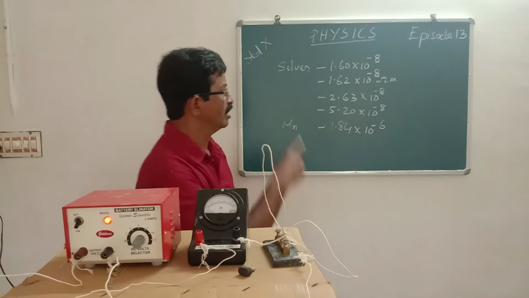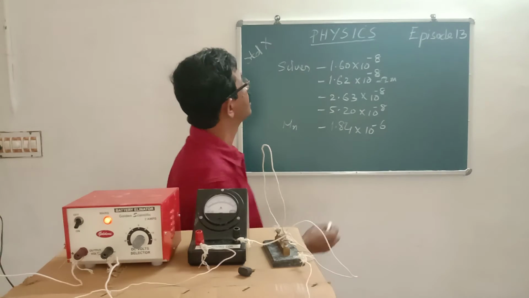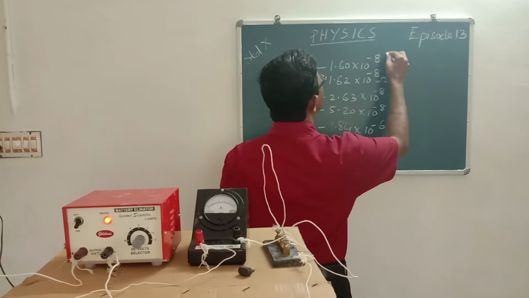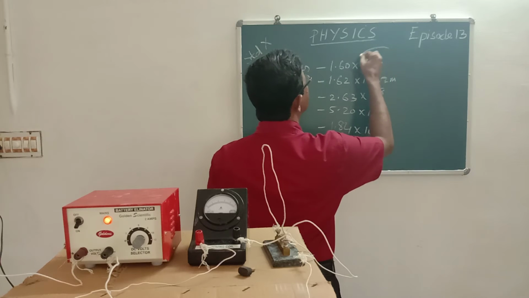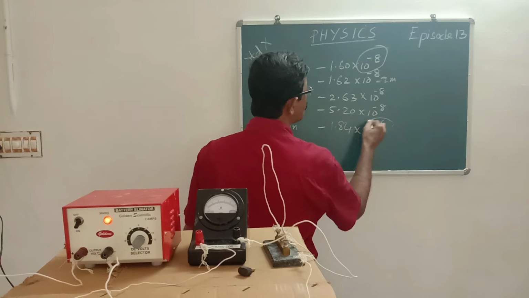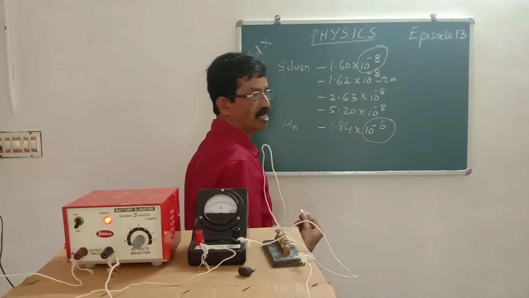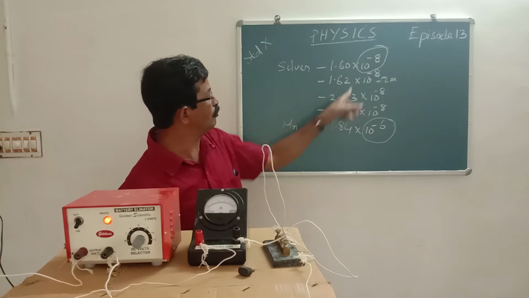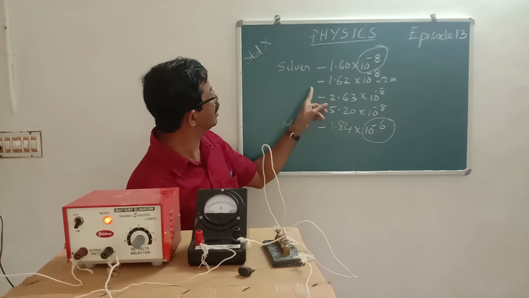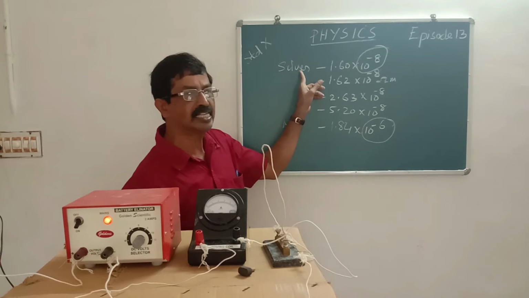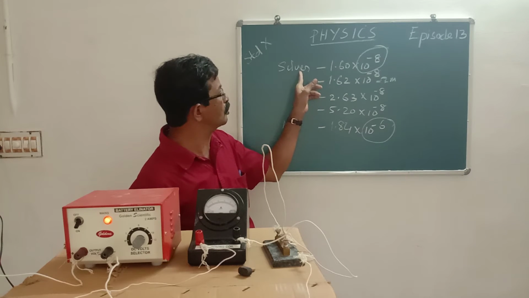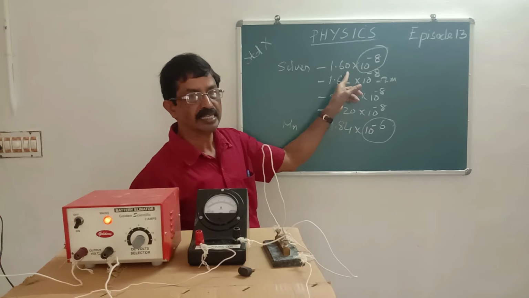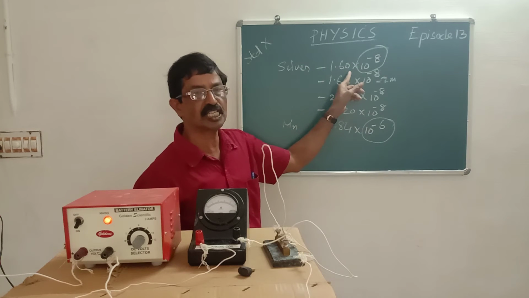That is why, just before we discussed, resistivity is varying from 10 raised to minus 8 to 10 raised to minus 6. Among these, you see resistivity for the metals, the least resistivity is for silver. That is, silver is with the least resistivity.